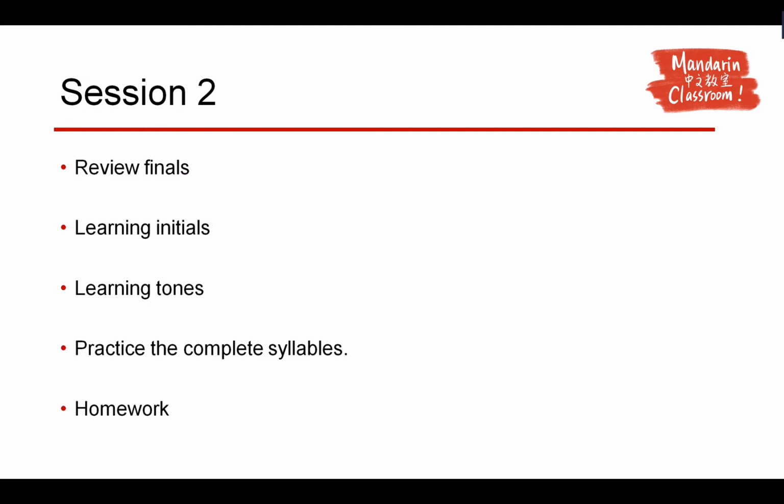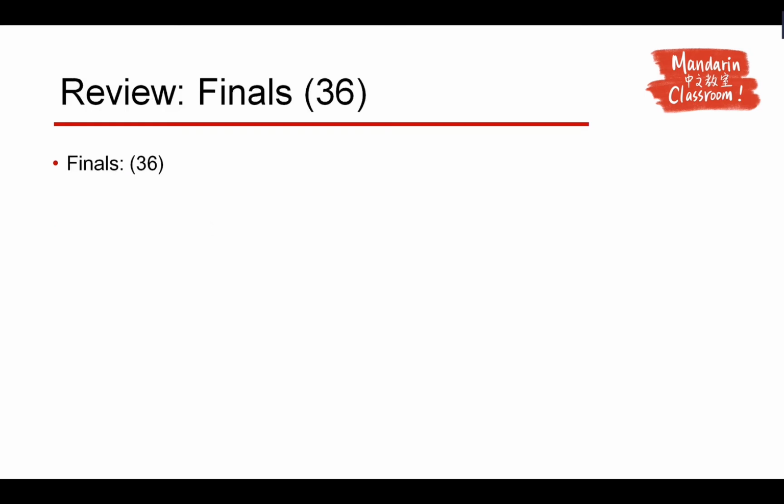At the end of this class, we are going to practice the complete syllables, and at last, I will leave homework to you to practice. So, let's move to the first part. Let's do the review about finals. I only read once, and please read after me to review.